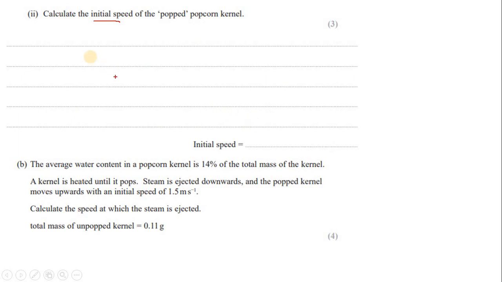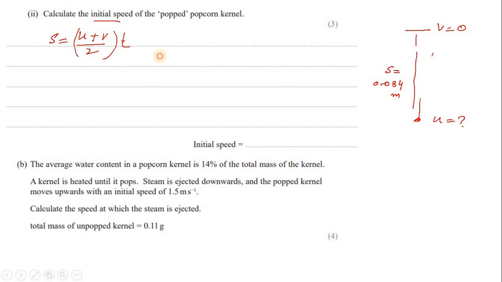You can imagine that at the bottom you have initial speed u that you need to find, and it is going up, and at maximum height it was at rest, so final velocity is 0, and you have already found the height, which was 0.034 meter in the previous part. So you can use equations of motion, and the best choice is s = (u + v) divided by 2, times t.